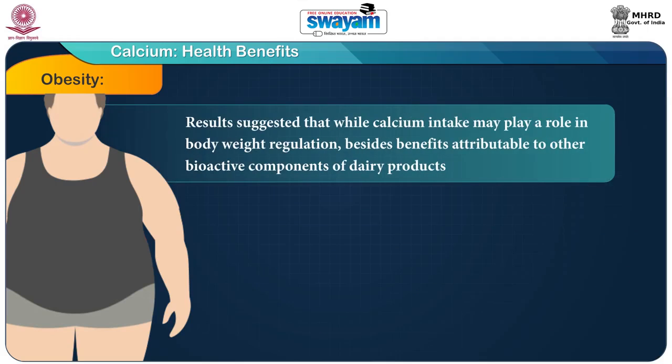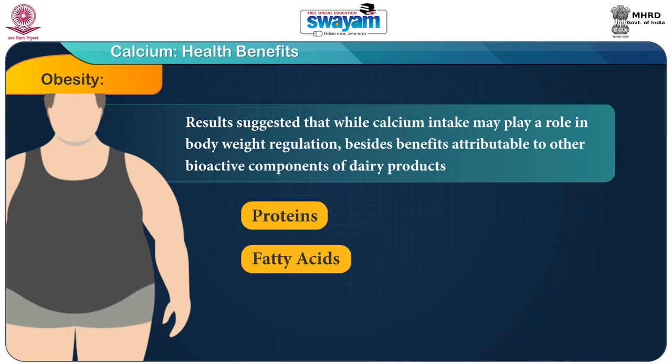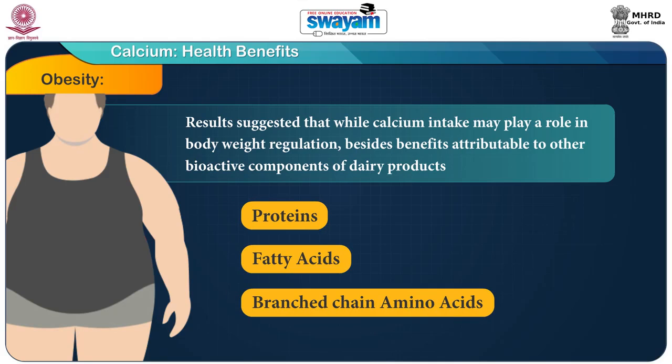Results suggested that while calcium intake may play a role in body weight regulation, besides benefits attributable to other bioactive components of dairy products, that is, there might be a role of proteins, fatty acids and branch chain amino acids in reducing obesity.